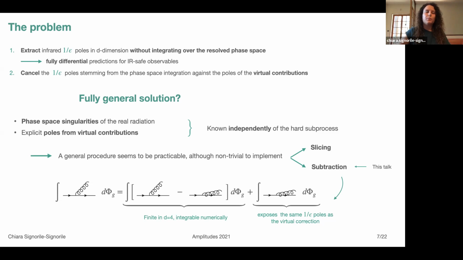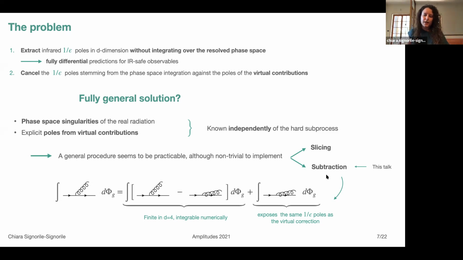So one may think the answer to whether we can do it in full generality is obviously yes. Well, in principle this is true, but in practice it is highly non-trivial. Two main methods have been implemented, called slicing and subtraction, and I will focus on the subtraction part.